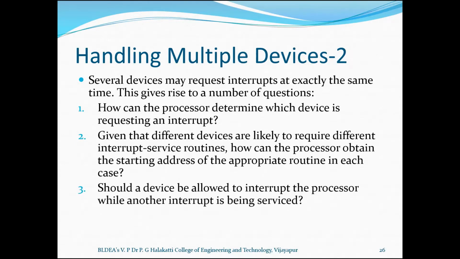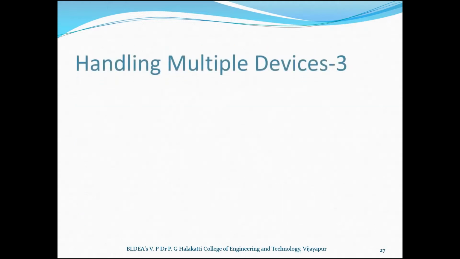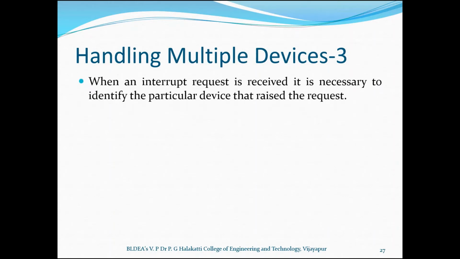Should a device be allowed to interrupt the processor while another interrupt is being served? Or how should two or more simultaneous interrupt requests be handled? To handle multiple interrupts, when an interrupt request is received, it is necessary to identify the particular device that raised the request.